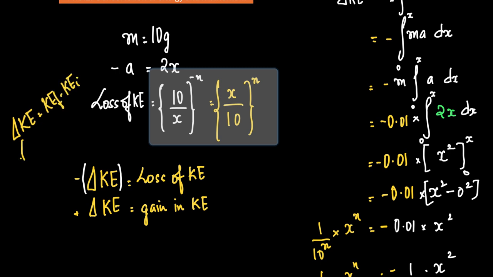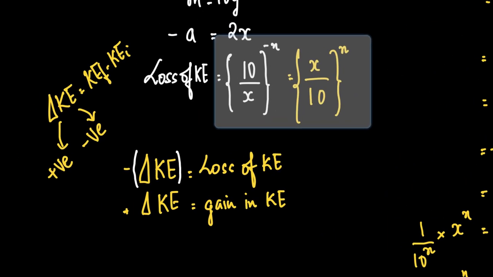And this change in kinetic energy can give you two possible values. One, it could be positive, the other, it could be negative. And if that value is positive, we have that change in kinetic energy is positive, which implies it is a gain in kinetic energy.